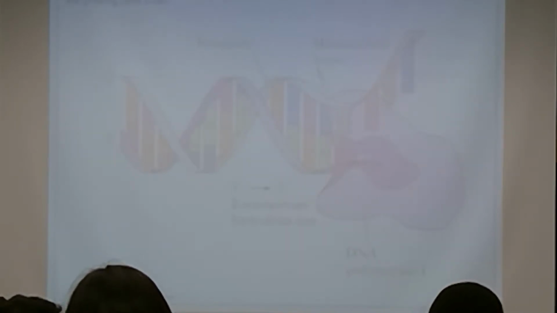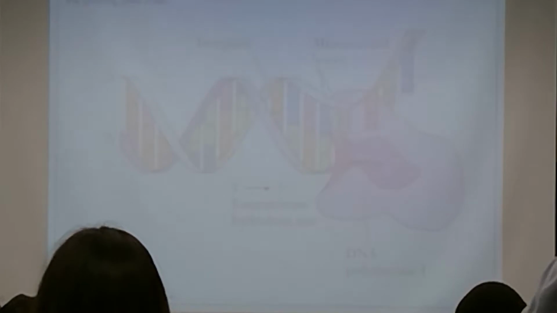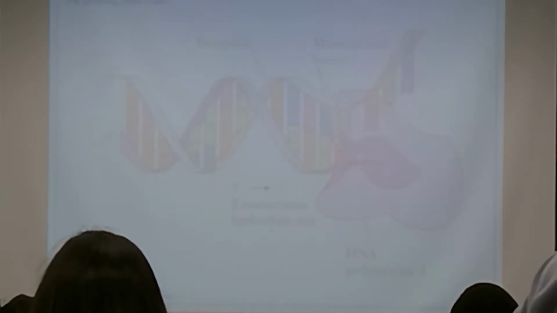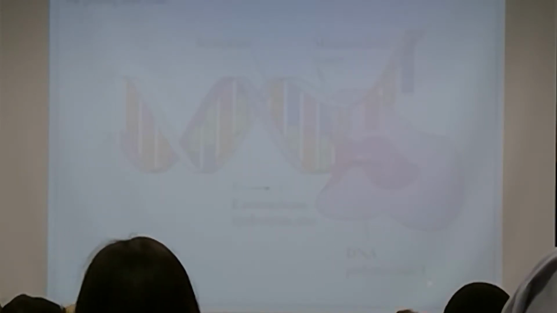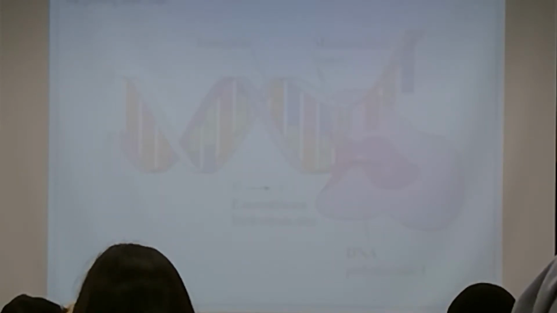Okay, so at least I convinced you that you need proofreading, and this is 3' to 5' exonuclease activity, and this is present in DNA polymerase 1. DNA polymerase 1 is the polymerase which was first discovered.